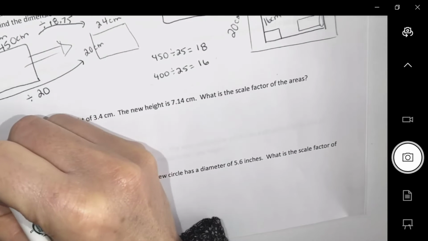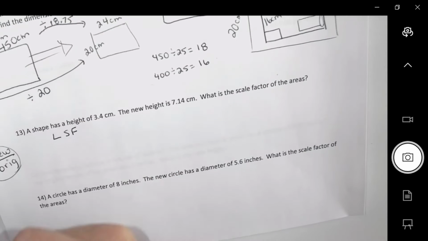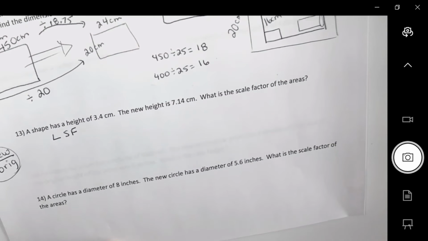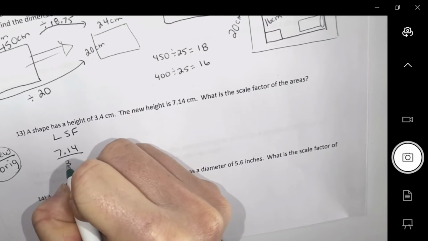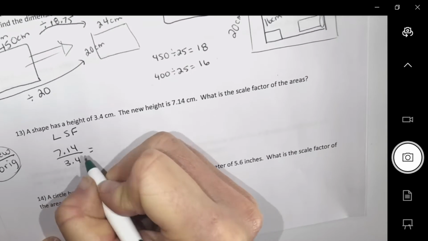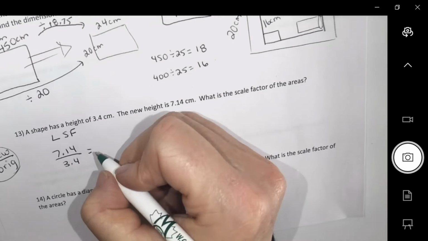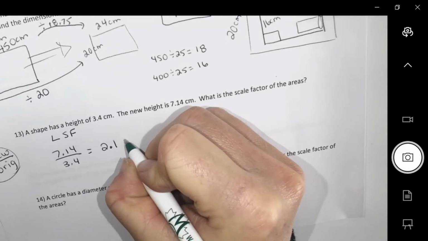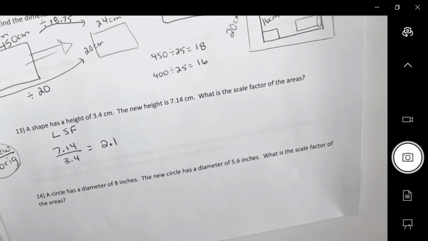So do you understand we're always doing new divided by original? We are always working like that. So the height increased 2.1 times larger.